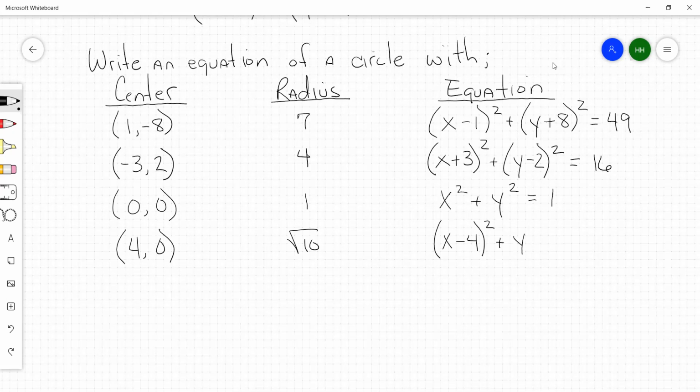So that's going to be plus y squared equals the square root of 10 squared. 10, good. Squaring something under the radical removes the radical. You guys good with those examples?